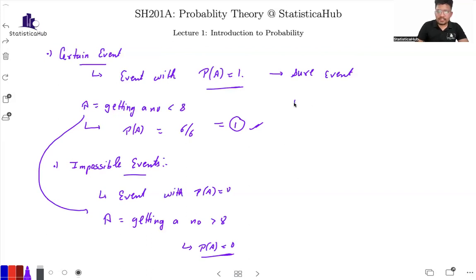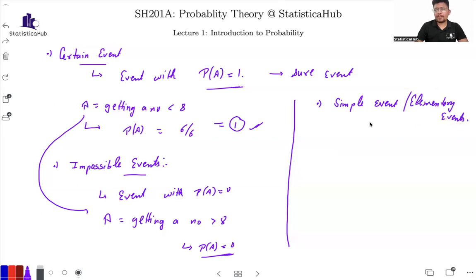Okay, then we define the third kind of event that I can define. That will be your simple event. These are also known as elementary events. So this is an event with a single outcome, sorry, not simple but single outcome.